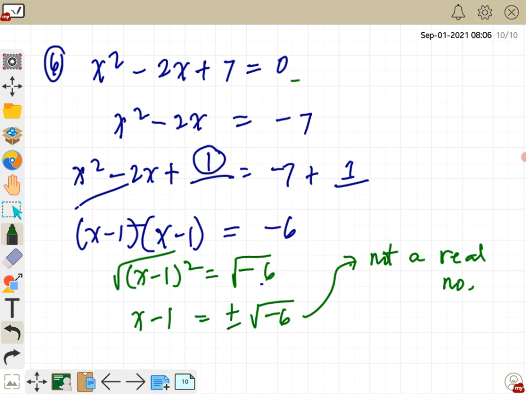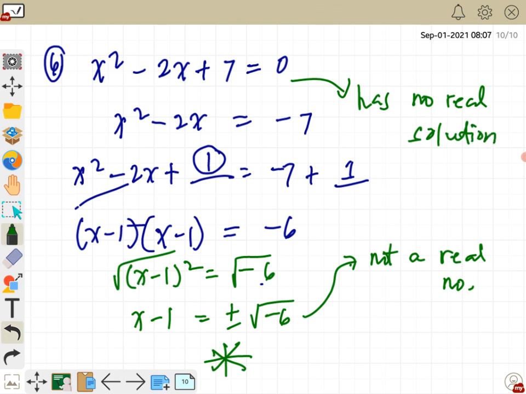Meaning, if after we extract the square root we encounter the square root of a negative number, this means that we do not need to continue. This means that this equation has no real solution. There is a solution, but it's not real.